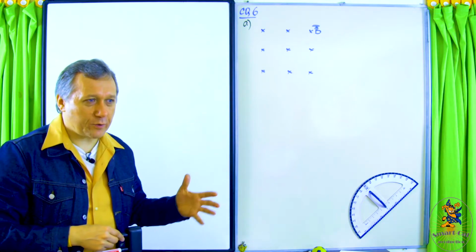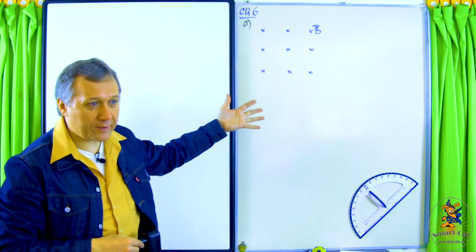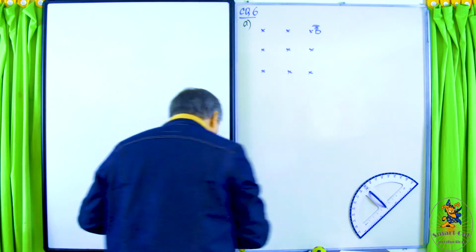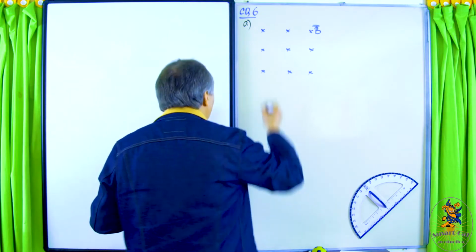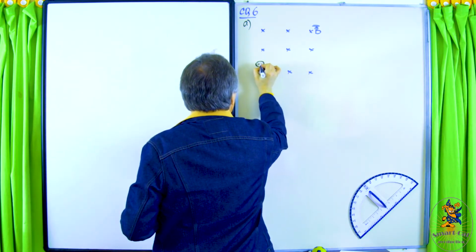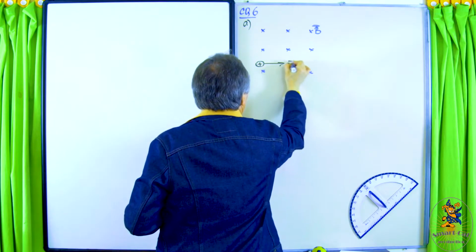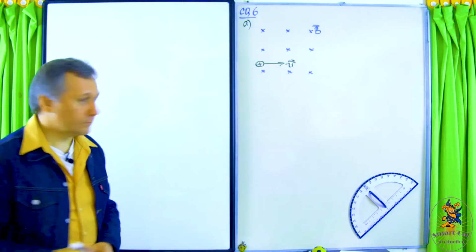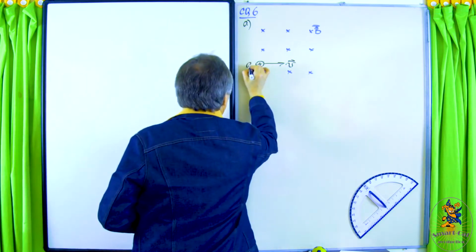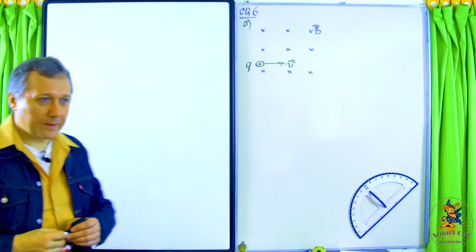So the particle must move perpendicular to this magnetic field, so it needs to enter perpendicular. Let's assume it enters over here. We have a positively charged particle entering with this velocity v. I can put q, for example, but it's positively charged. You see the plus in the circle.